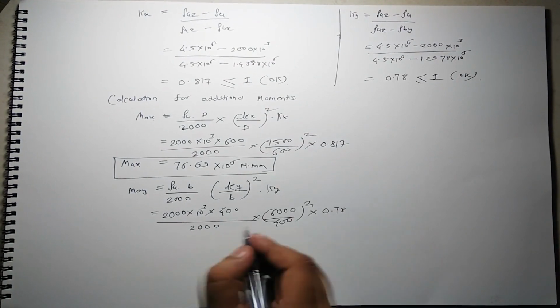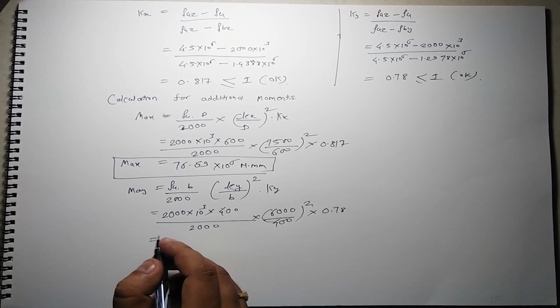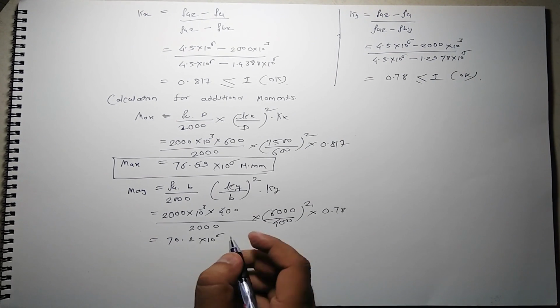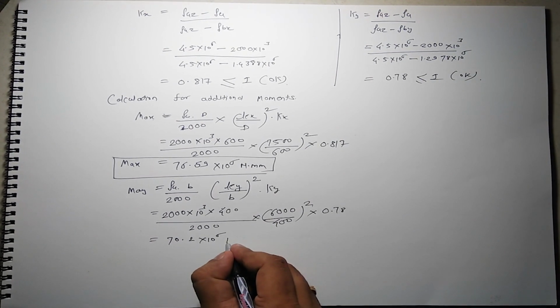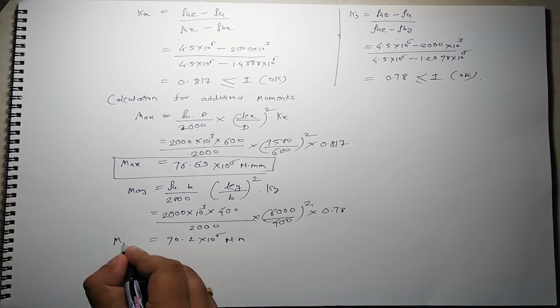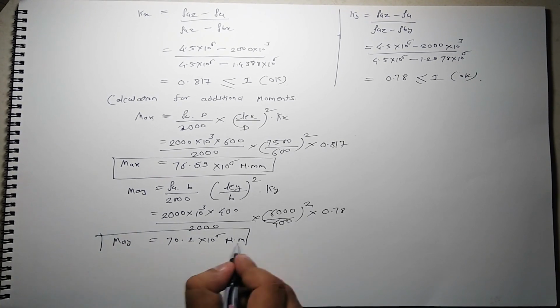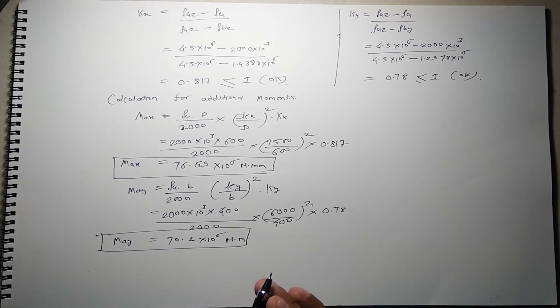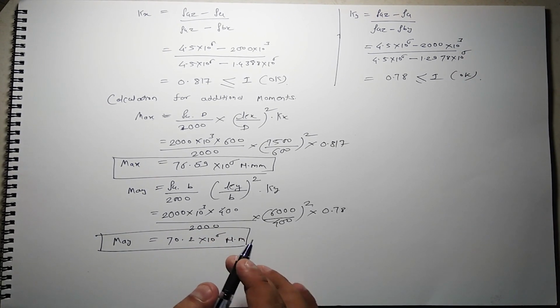Now it is coming to be 70.2 into 10 to the power 6 Newton mm. So the value of additional moment y is 70.2. This is all about the calculation of additional moments. I hope you understood this step.